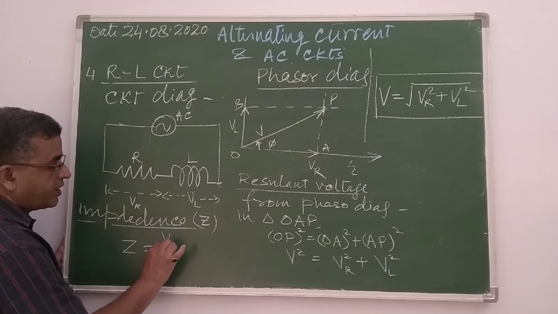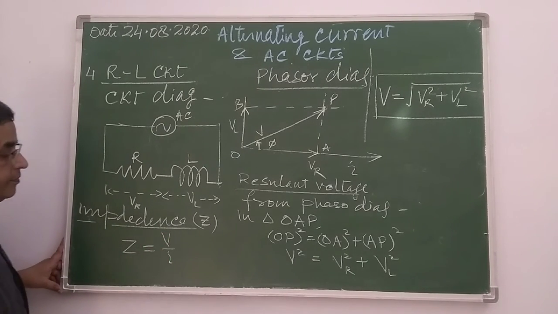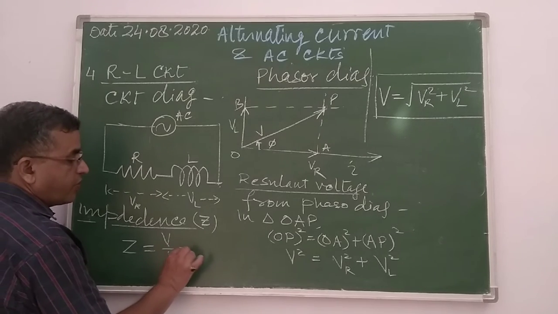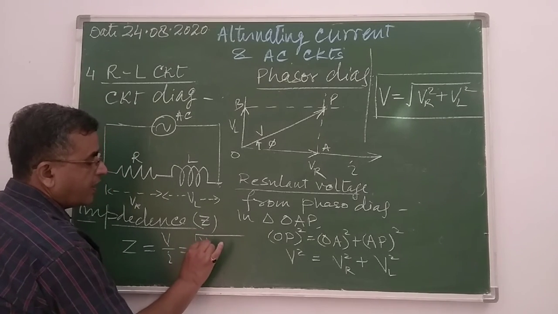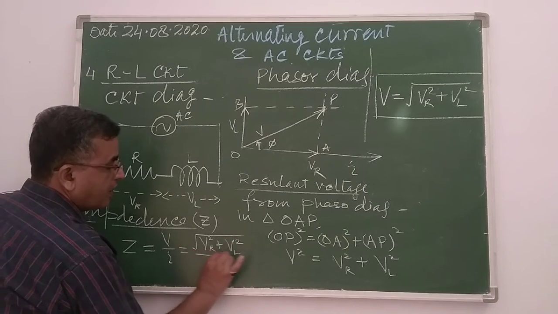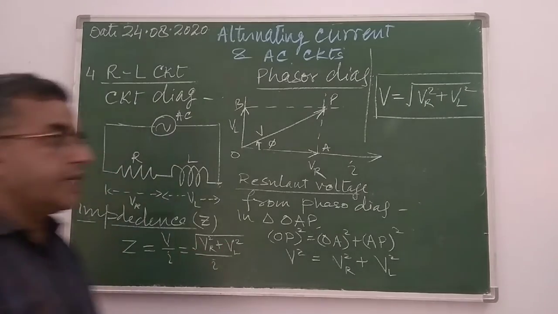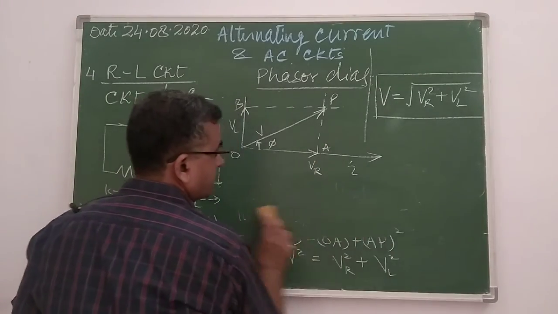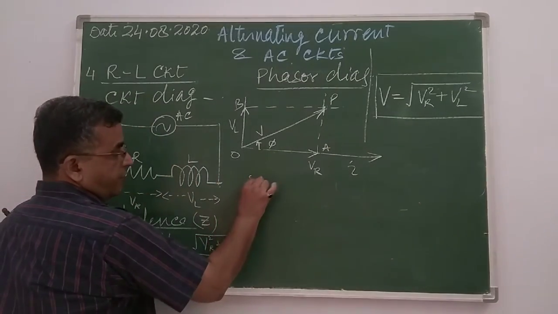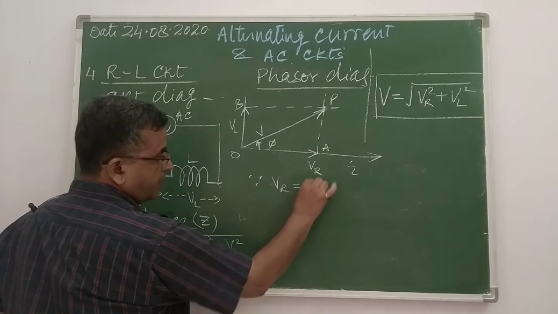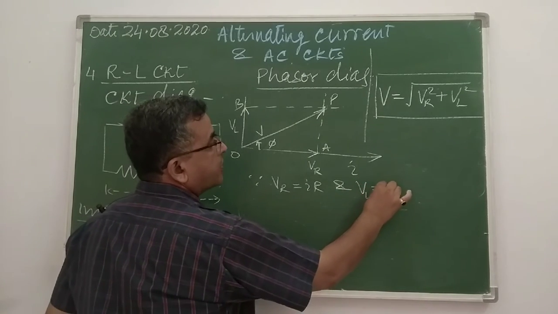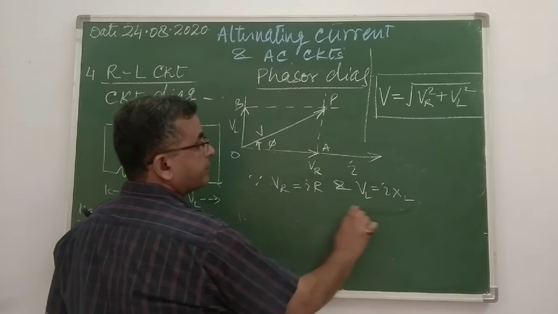It is voltage upon current. So the resultant voltage, as we have seen, from the above equation we can write Z equals under root VR square plus VL square upon I. Now VR is equal to IR, and VL, the voltage across the coil, is I XL.